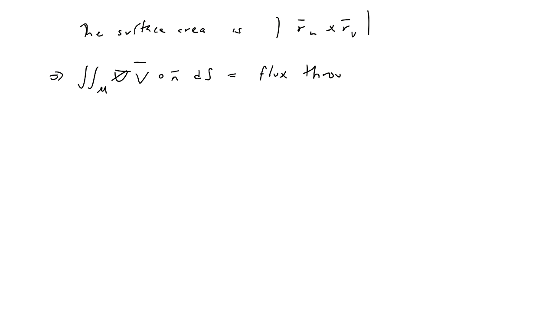So if I define this, make it look like a gradient, it's the dot product of V and N dS.